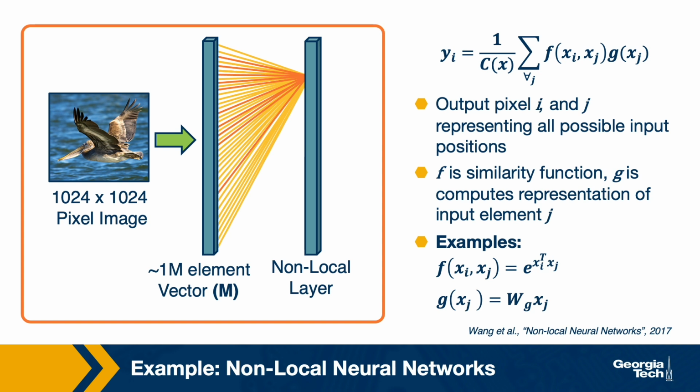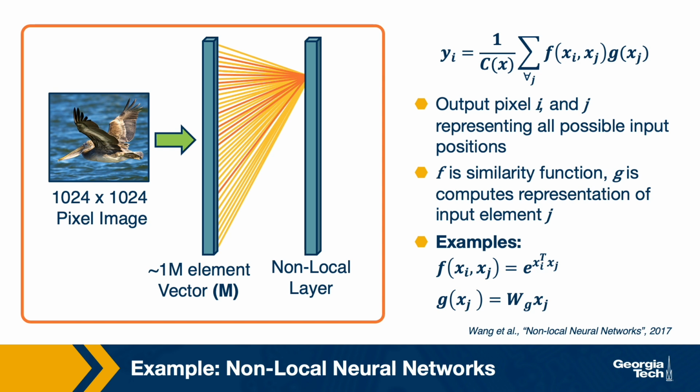That is, we'll have a weighting factor, a multiplication factor, between two functions f and g. Now, g of xj is just extracting some set of features from the input xj. The function f is a binary function that takes not just xj, but also xi, because we're computing the output at yi. And so what we're doing is we're going to compute a similarity between xj and xi, and we're going to modulate the contribution of the features from xj by that similarity.